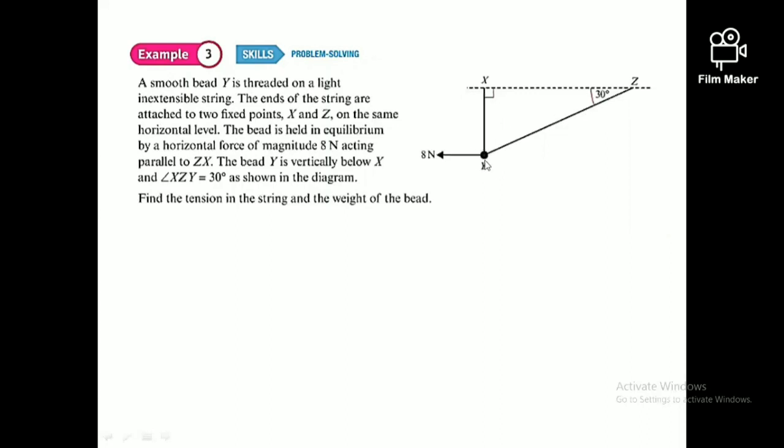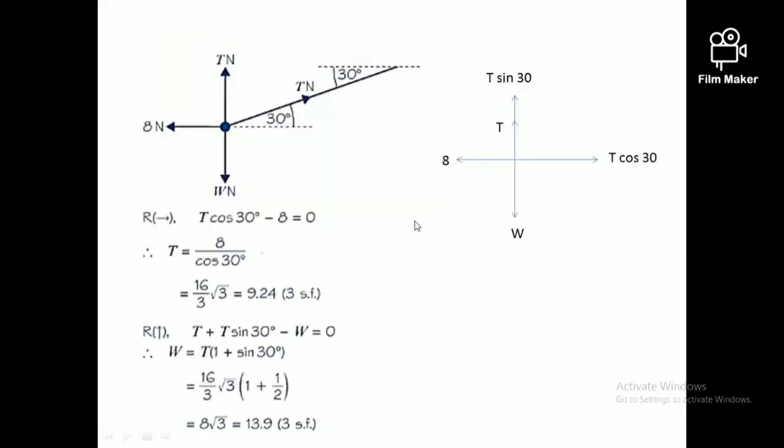In this situation, what you can understand is if the bead is smooth, the tension over here and the tension over here would be the same. And if the wire is inextensible, the tension throughout the wire does not change. Those are the facts we have to understand, right? With that information, let's try to move up to the answer.